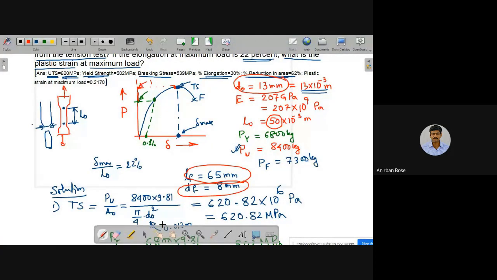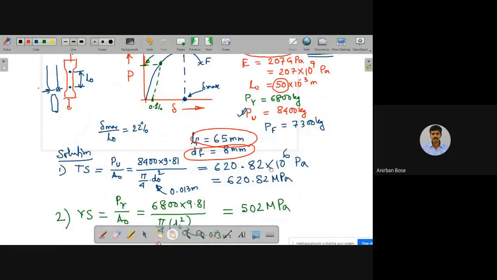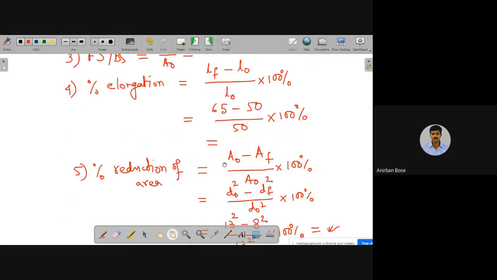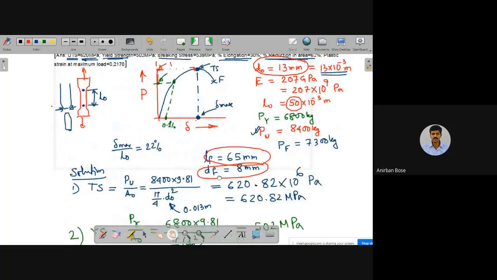Again no requirement of the unit because this quantity is unitless. In the same unit you just put the values. So 13 square minus 8 square divided by 13 square into 100%, and this will be the answer. So this is the percentage reduction of area. So these are the 5 important quantities that we measure from the tensile test experiment.